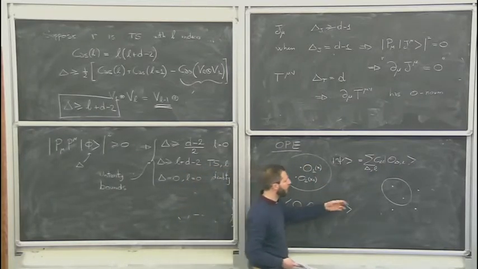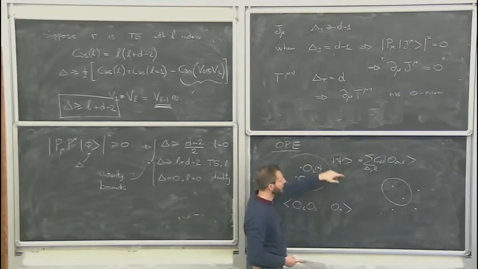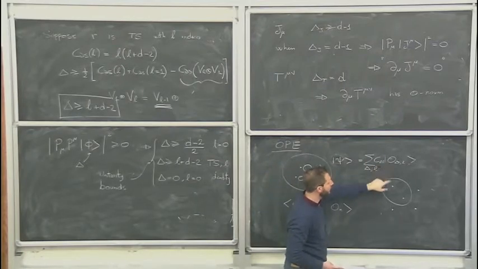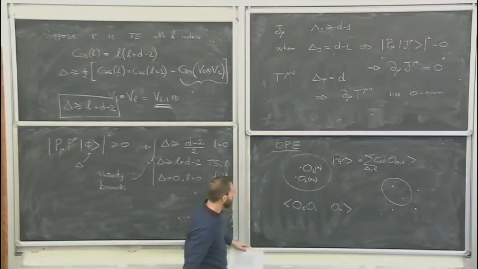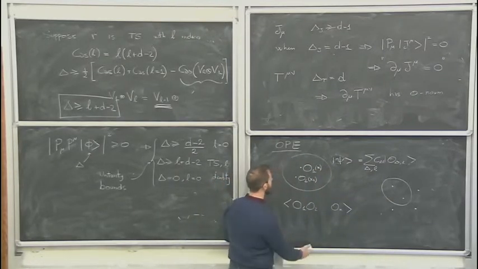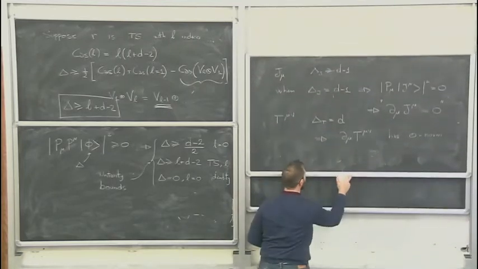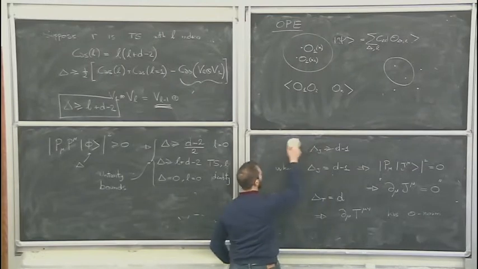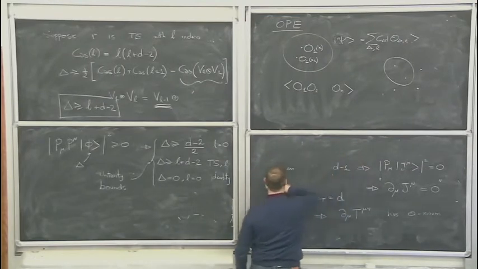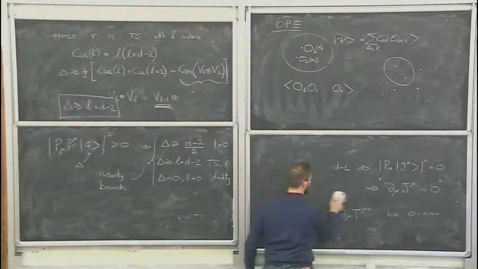And because we have an operator-state correspondence, each such state can be associated to an operator living at the center. So effectively, I can replace any two operators in a correlation function by an infinite sum of operators.